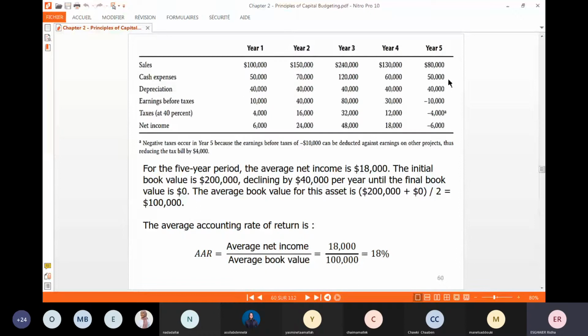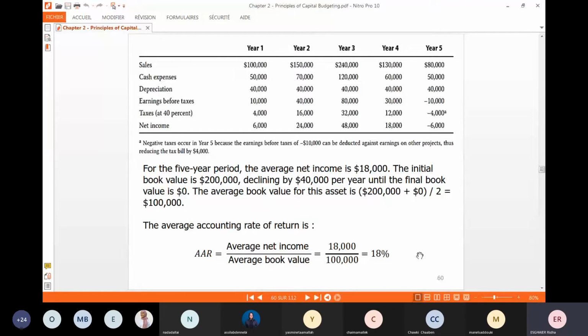It means that in average our annual return is 18%. It means for an average investment of $1, the return is 18% of the dollar, which is $0.18.